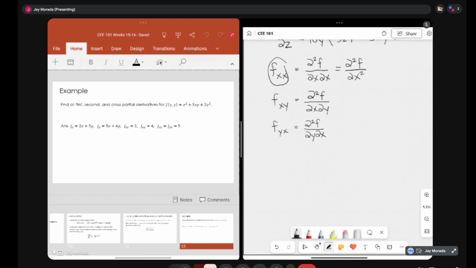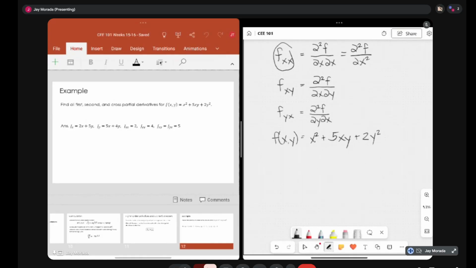So let's solve an example for the function f of x and y equals x squared plus 5xy plus 2y squared. First, let's find the f sub x, since we are tasked to find the first, the second, and the cross partial derivatives.